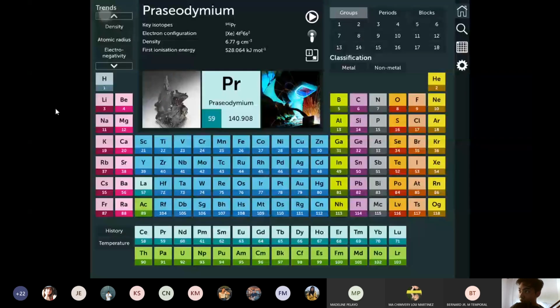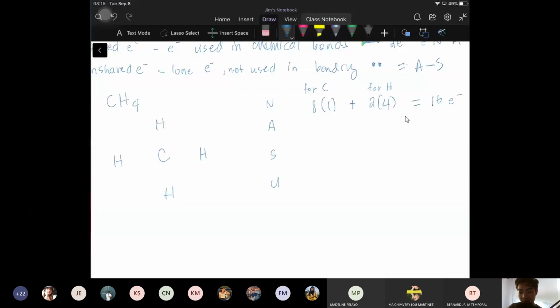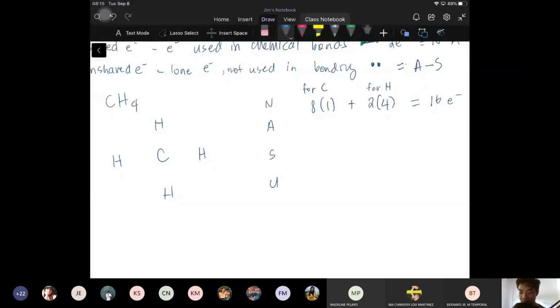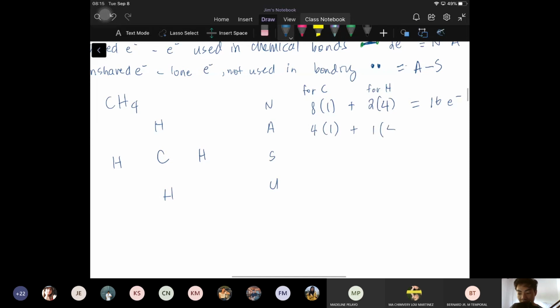This is group 1, group 2, group 3, group 4, group 5, 6, 7, 8. So carbon is in group 4. So the valence electrons of carbon is 4. Hydrogen, siya ay nasa group 1. Times ilang hydrogen atoms meron? 4. So you add them. 4 plus 4 is 8 electrons. Okay. So ganun lang.